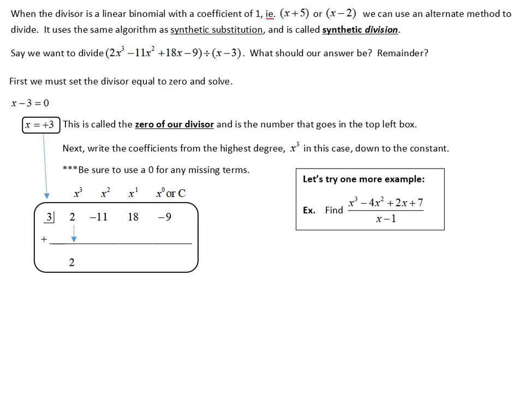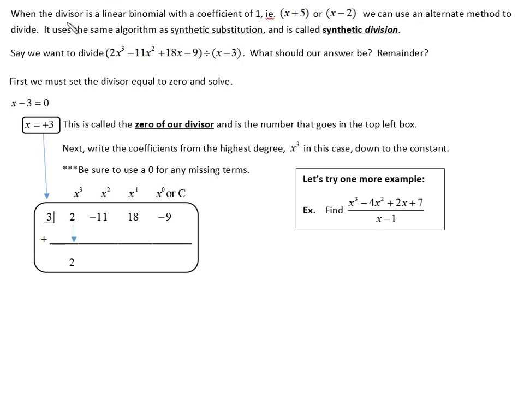Okay, we got one last part on our note sheet here, which is talking about synthetic division. So that same synthetic algorithm we did earlier, we can actually use to divide in some cases.